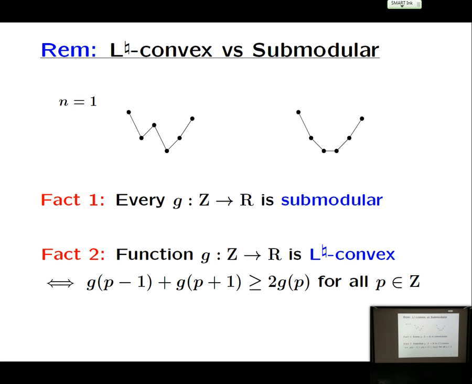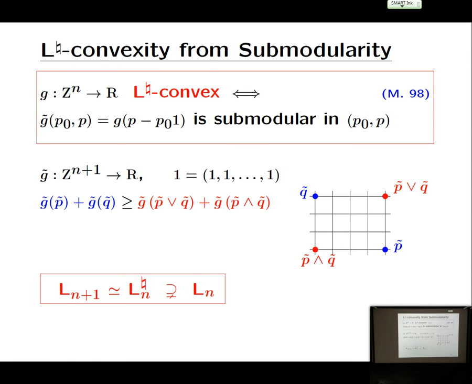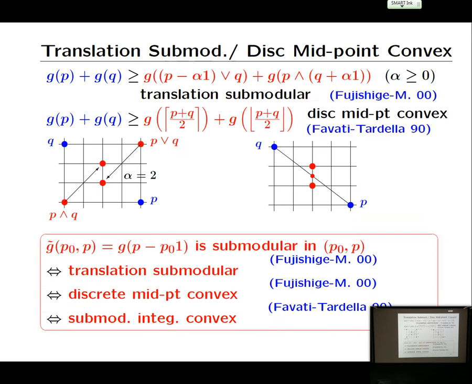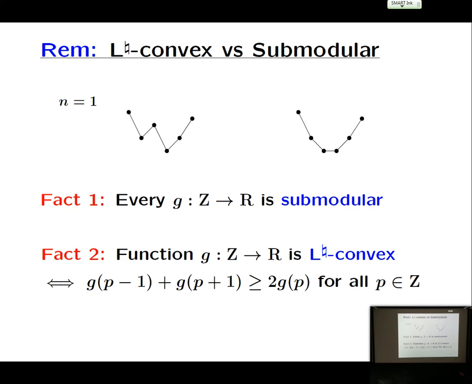If we consider this picture, this is a two-dimensional picture. If we have only one dimension, then one of these is equal to one of those. So this function is submodular and has nothing to do with convexity. Every function is submodular. But we do want to discuss convexity, so we usually consider this type of inequality, which is equivalent to L-natural convexity. Okay? Is this clear?